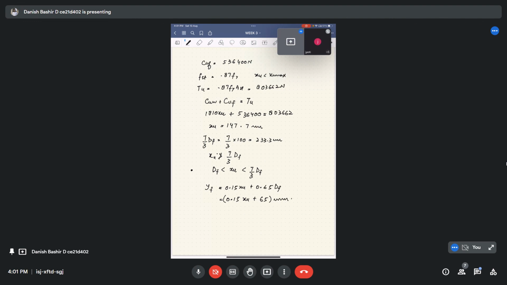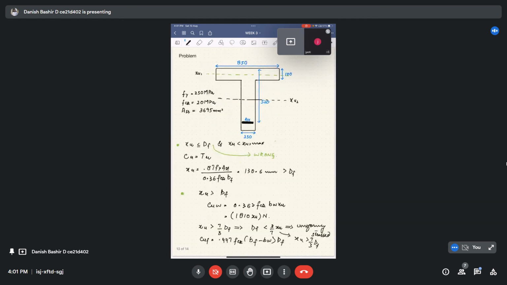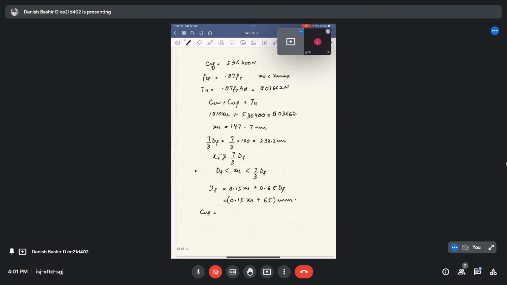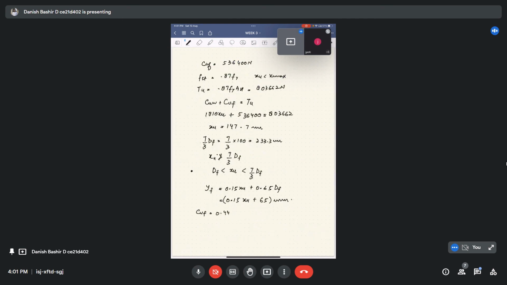Okay. So when we calculate CUF again, as we have to calculate it for CUF only, this one: 0.447 FCK times BF minus BW times YF.